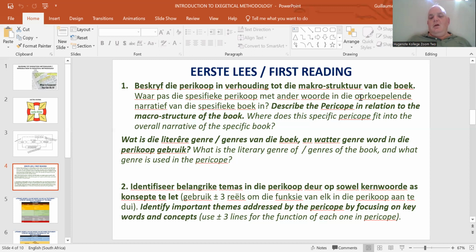Then the next thing, and this is like a technical thing. Sorry, I mixed my languages here. It's a very technical thing in the sense that you're going to enjoy it. Because now you're going to read through your text and you're going to ask what words are repetitive. Paul is writing and he's using Jesus, Jesus, Jesus, or the Father, the Father, the Father, or he's saying grace this, grace that.